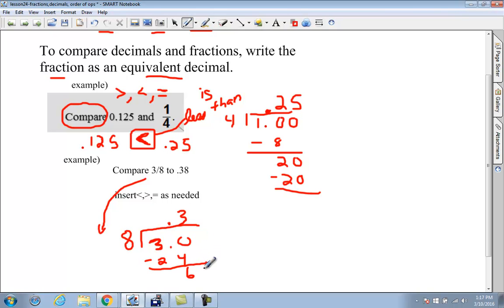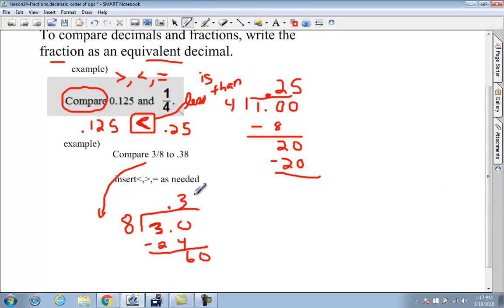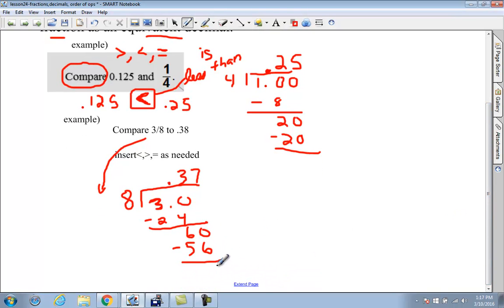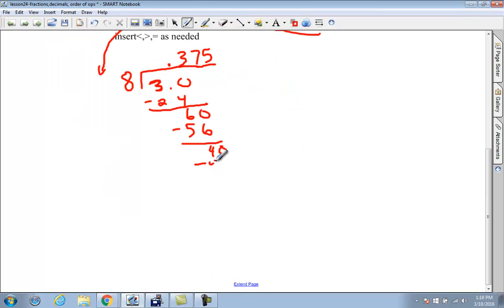Bring down a trailing 0. 8 into 60 goes about 7 times. So a lot of this relies on knowing our times tables, right? 60 minus 56, that's 4. I can bring down a trailing 0. And 8 goes into 40 5 times. So there's where it's going to terminate and become zeros on out.